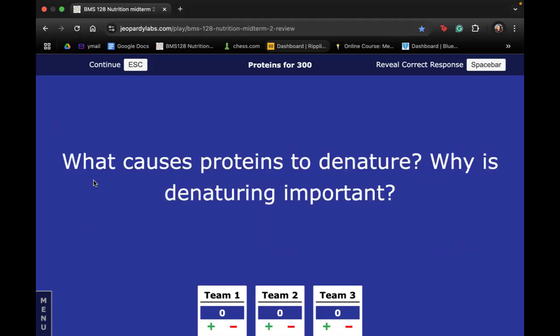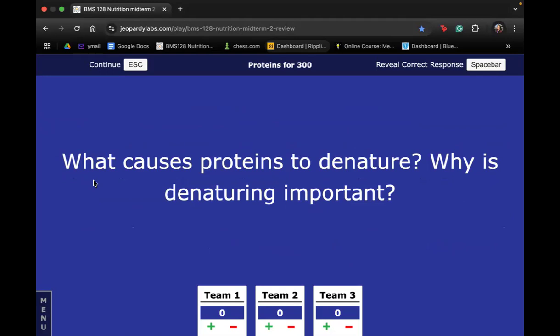What causes protein to denature and why is denaturing important? Is temperature a cause?